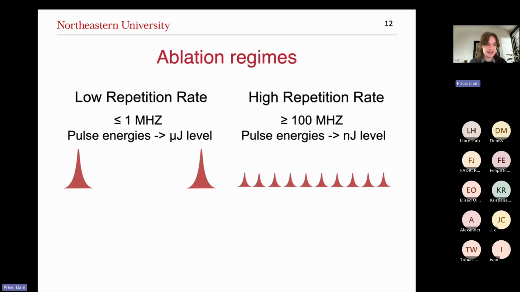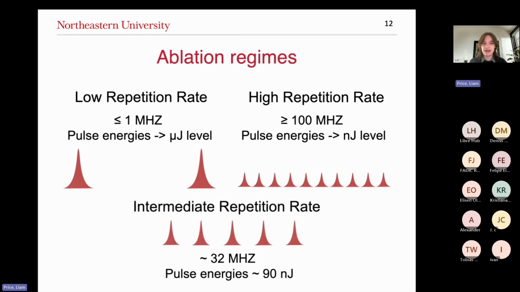As was mentioned, Brian actually gave a talk here a little while back about the laser that we had, which has a 32 megahertz repetition rate. We wanted to utilize what we had already.